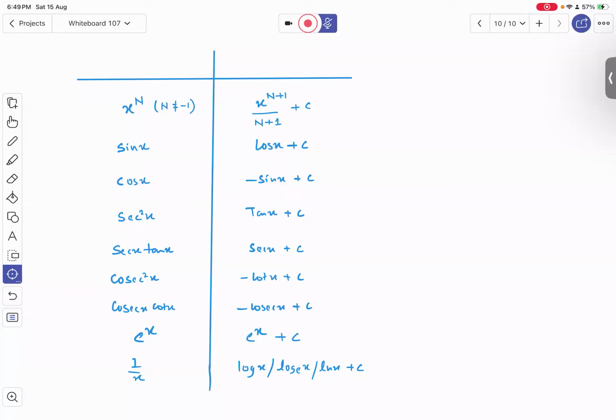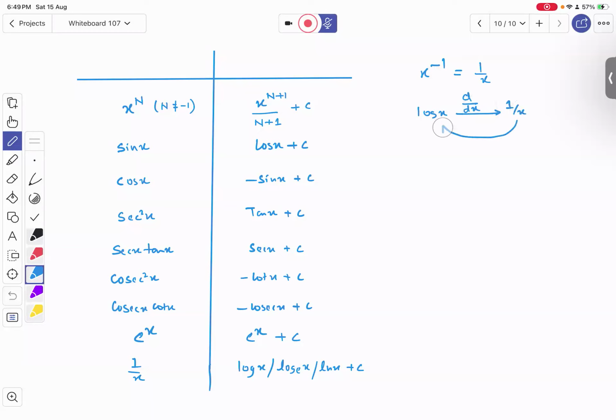But when n is minus 1, what does it really become? It becomes x power minus 1, and what is that? 1 by x, no? So if I perform differentiation of log x, we get 1 by x. So 1 by x integration must be log x, not anything other than that. That's why when n is minus 1, it is an entirely different thing.